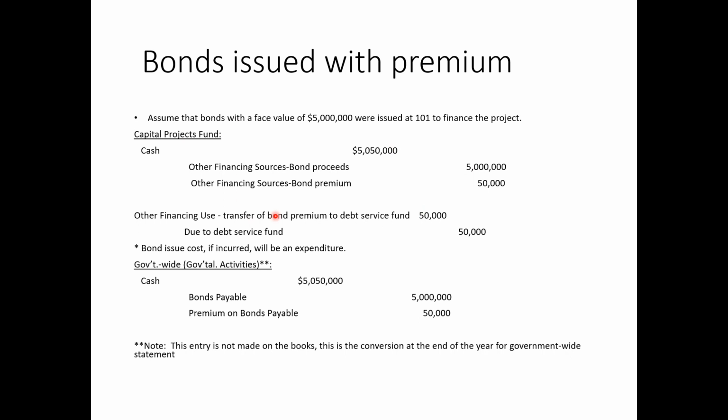The entries we actually record are the fund entries. But on the government-wide financial statement, we want to show the results of this one. So by the end of the year, we're going to convert these journal entries back to this result. There are adjustments we're going to make if we want to have the government-wide financial statement.